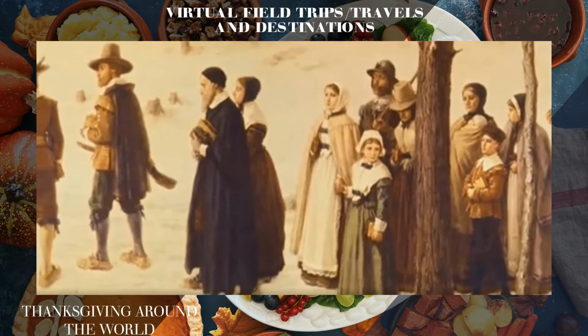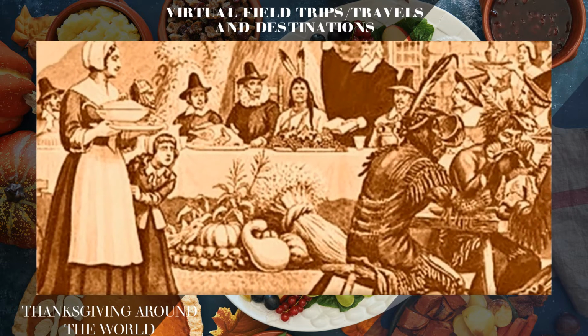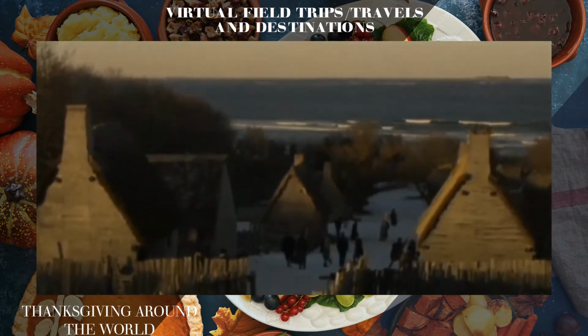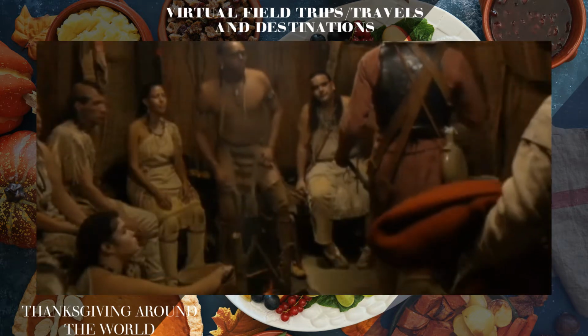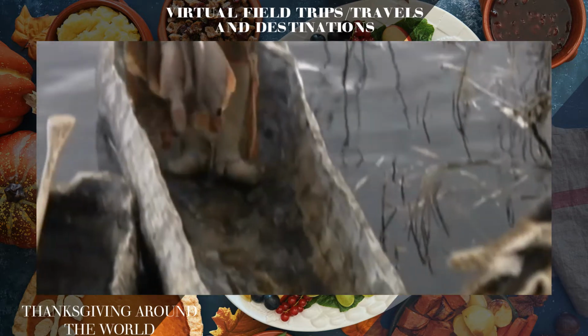To most Americans, the Pilgrims of Plymouth, Massachusetts are the iconic inspiration for today's Thanksgiving feast. After the winter of 1620 killed almost half of their people, the colonists formed a relationship with the neighboring Wampanoag tribe, who taught them about fishing, planting, and hunting.